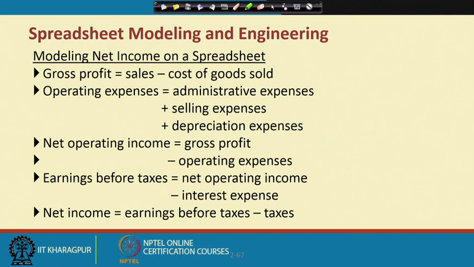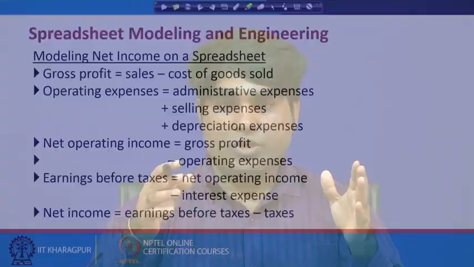Financial examples. Here the idea is to determine the income of a particular company, and this is income statement analysis. We are living in a corporate environment, and since we are discussing business analytics, every business organization has an income statement structure.